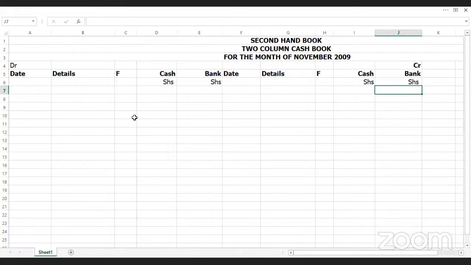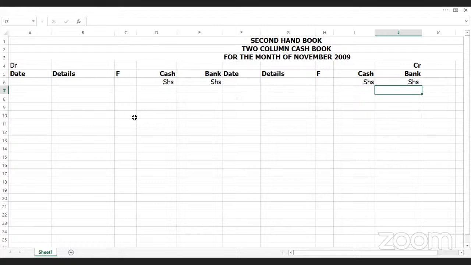Okay, date 1, 1st of November. We have balance brought forward from last month. Cash shillings 295 and the bank shillings 4,240.